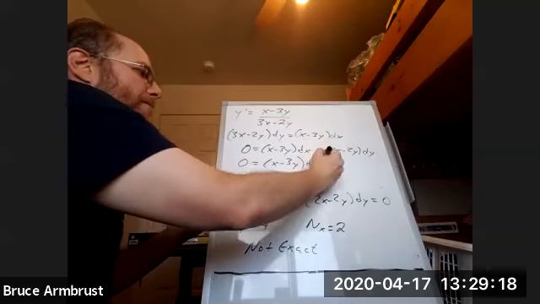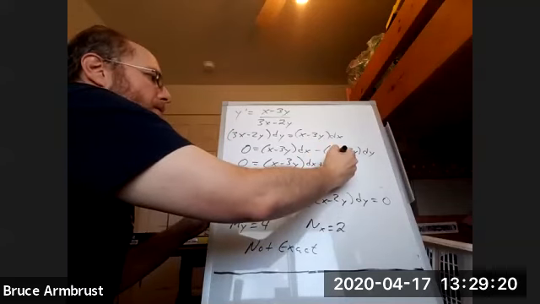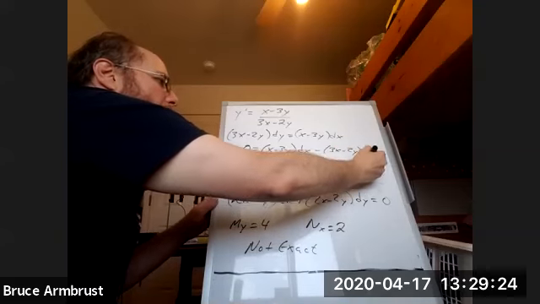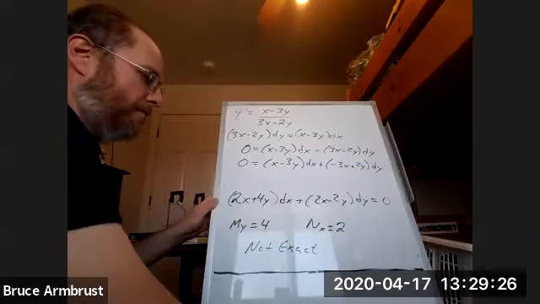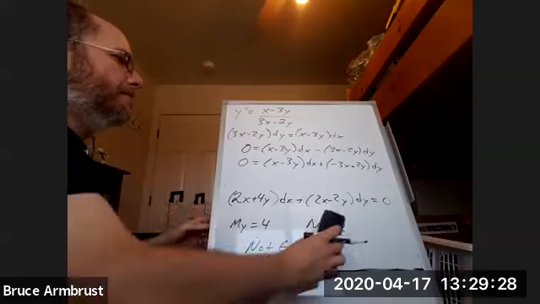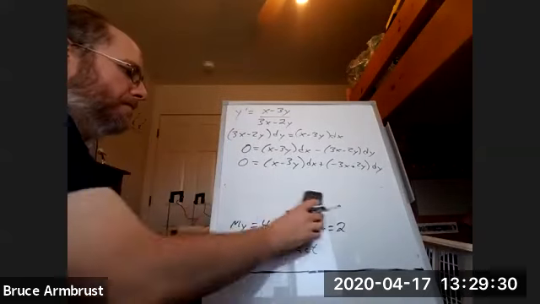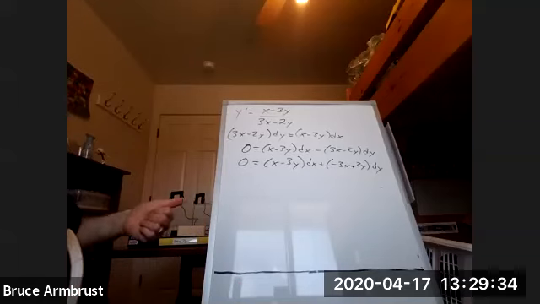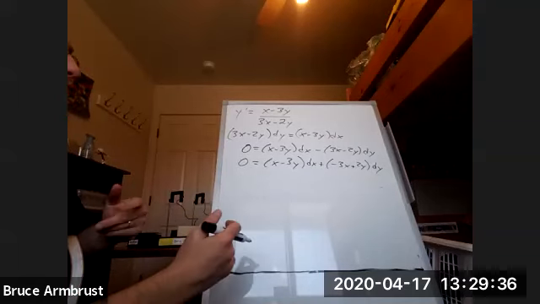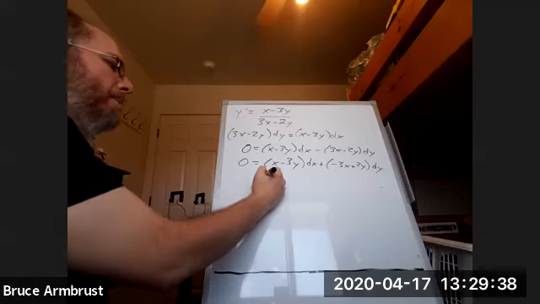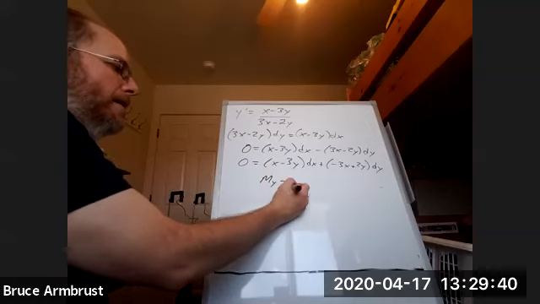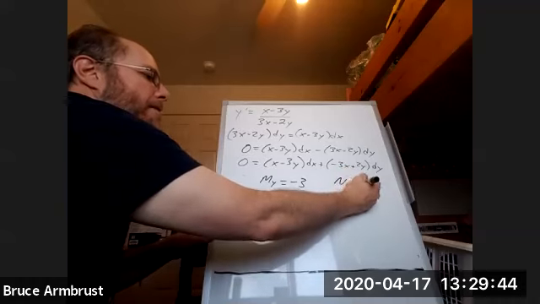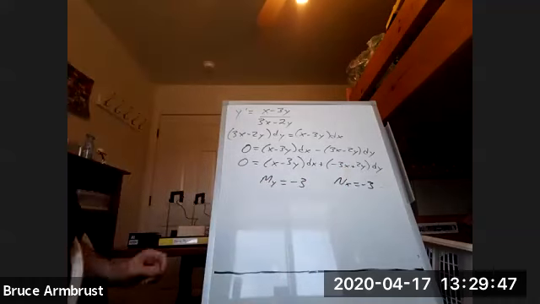I'm going to distribute that minus sign so that we get minus 3x plus 2y dy. So now that's the form for the exact check. So let's see what we get. We've got My is minus 3. We've got Nx is also minus 3.